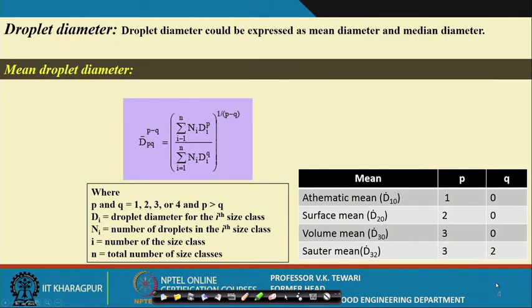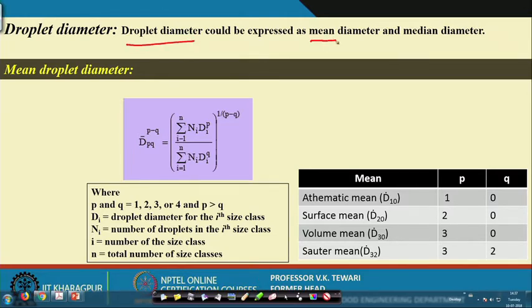Well, droplet diameter, we have talked of this. Droplet diameter could be expressed as mean diameter or median diameter. There are various ways in which we can do this. We have shown you where the median is and what it means.